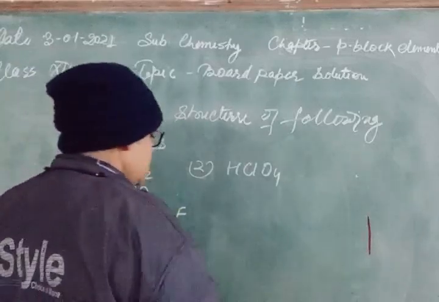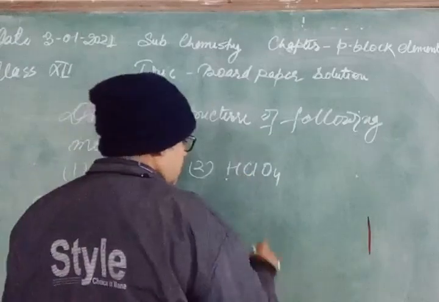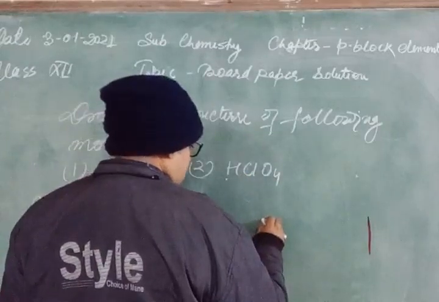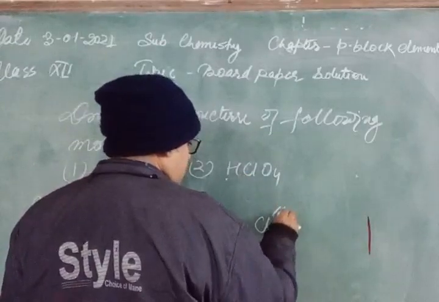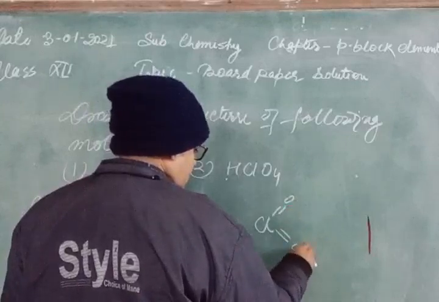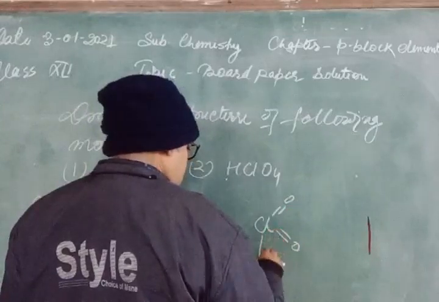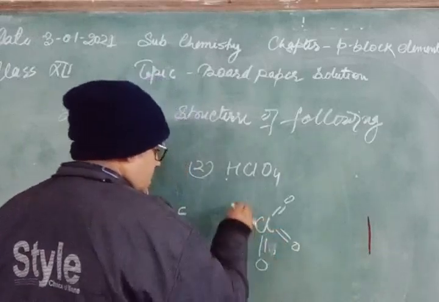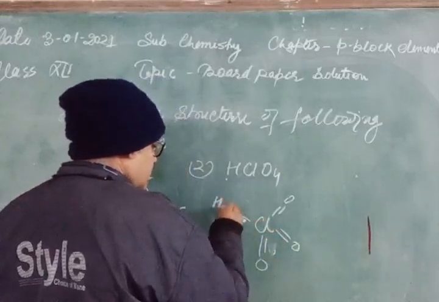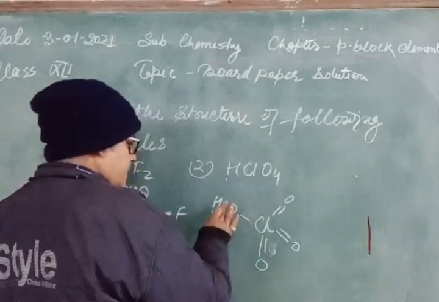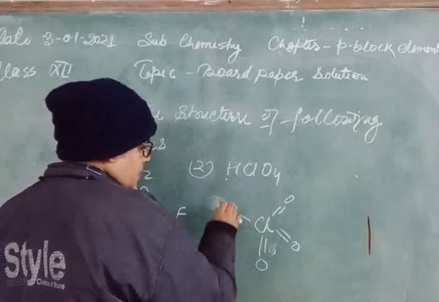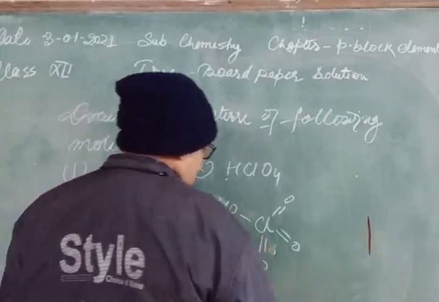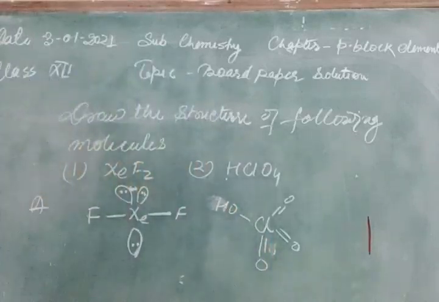Next is HClO4. The structure will be Cl double bond O, double bond O, and double bond O, and here will be OH. This is the structure of HClO4.